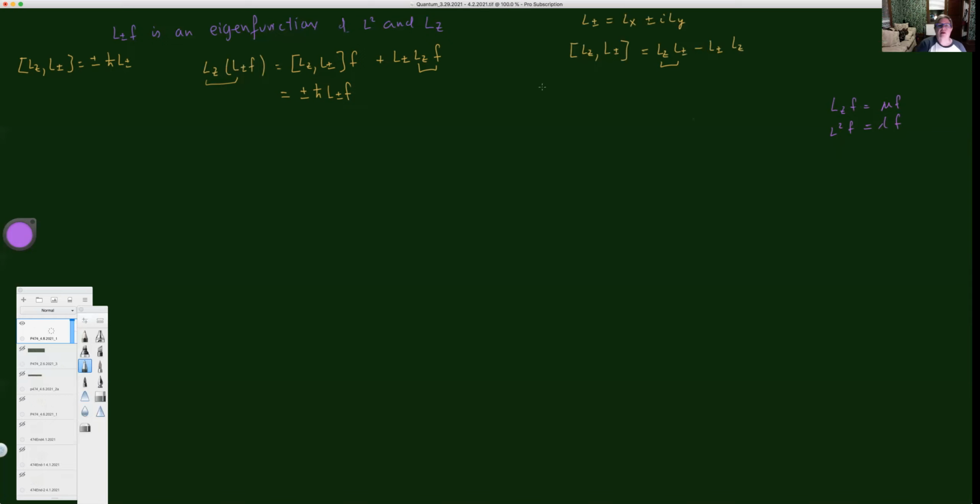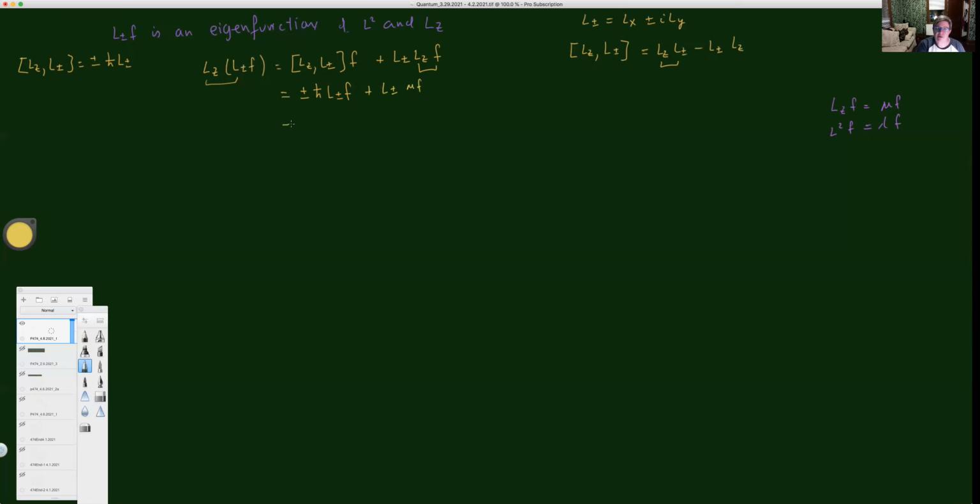Okay, but here I have something acting on the F. And then this guy here, LZ F, as we can look over here, is mu F. I'm going to go back to my sort of orangey color. So we have plus L plus minus mu F. Now notice that mu is just some number, right? It's an eigenvalue. So I can move that through and just have L plus minus F here.